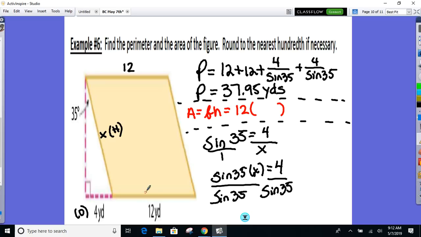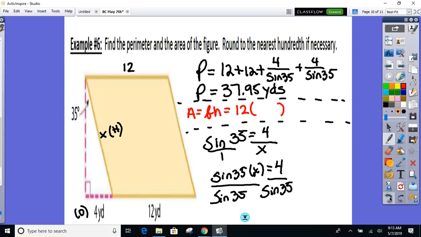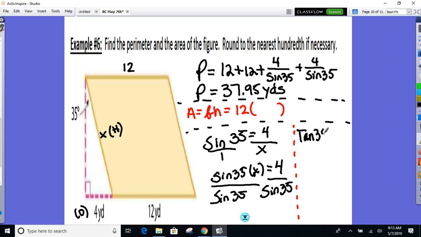Pythagorean theorem. With the full decimal that you found here. Not the rounded or anything. Full decimal. So you choose right now. Pythag or tangent. So if you did tangent, it would be tangent of 35 equals 4 over y, now I'll call it.